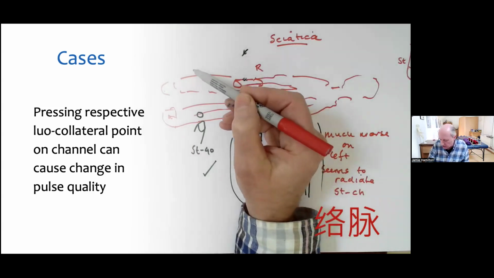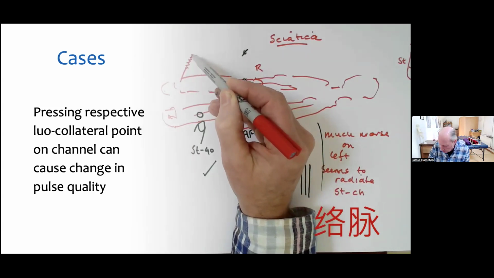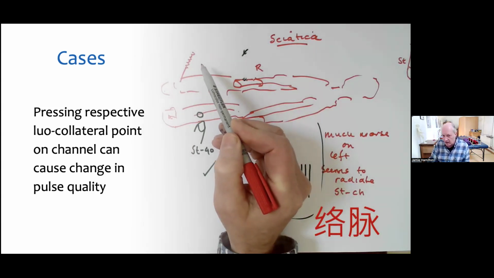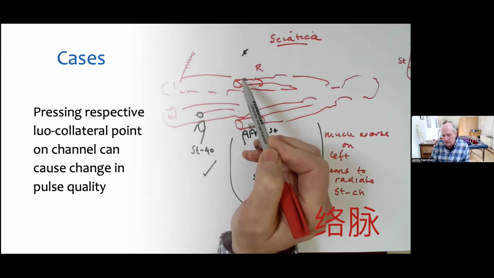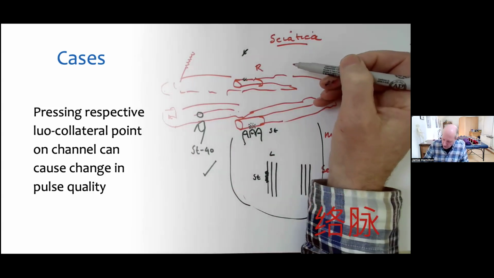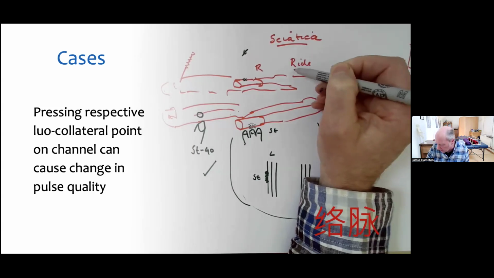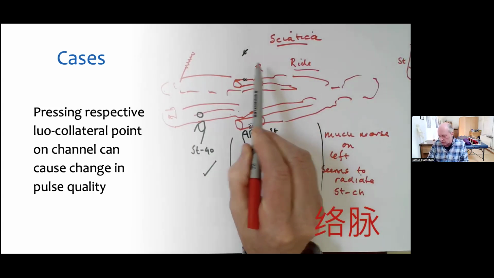I can then needle with my right hand a Luo collateral point and get the feedback immediately that it's working. So this, for me, works on the person's right side, that I can actually do simultaneous needling.